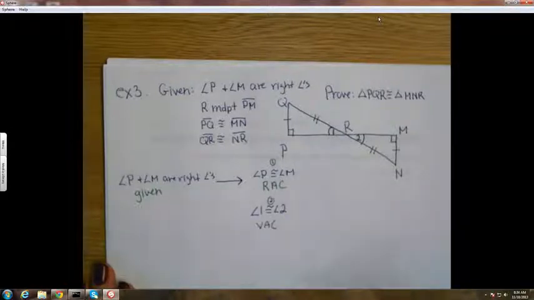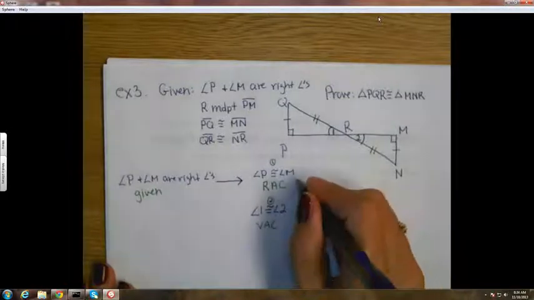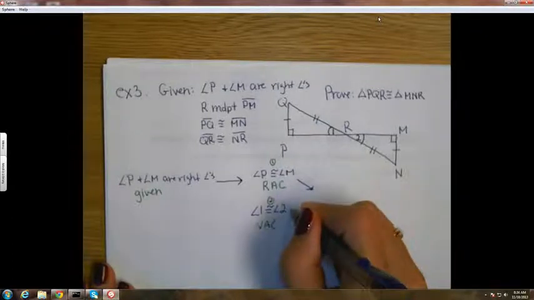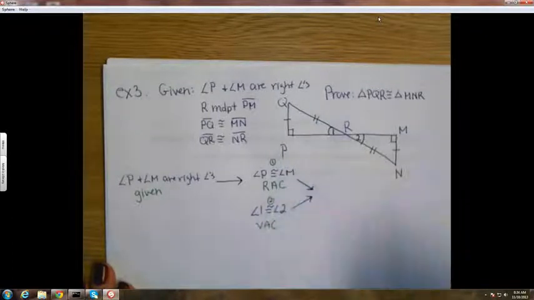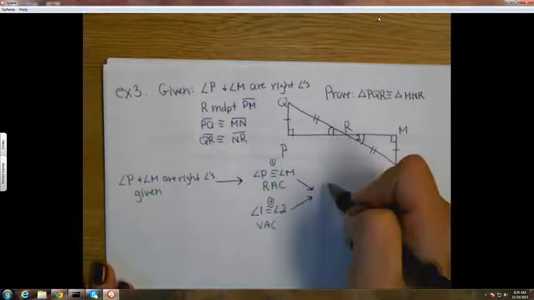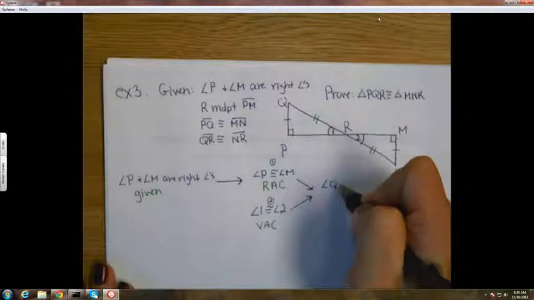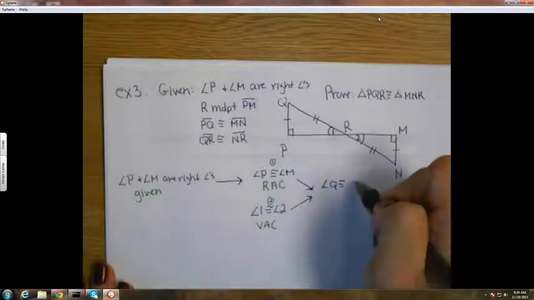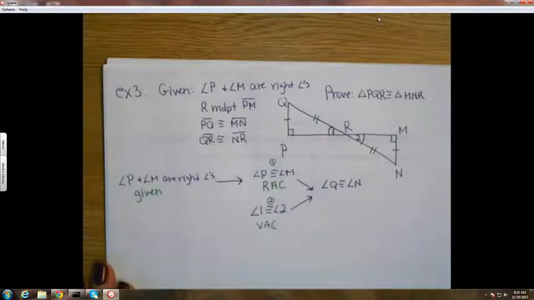If I put these two together, I can now say that angle Q is congruent to angle N. Why is that?